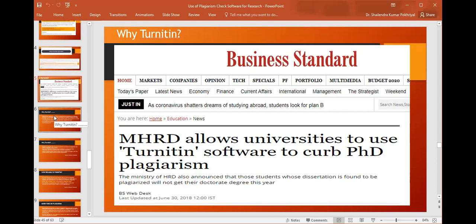So that's why, before Urkund came, MHRD recommended all the universities to use Turnitin. But I don't know what the status of Turnitin is, whether MHRD is asking to continue the same or not.